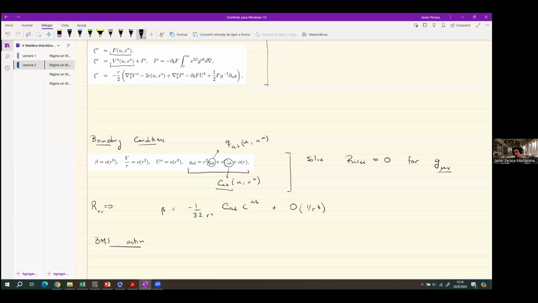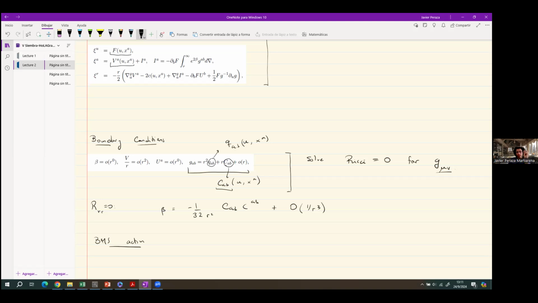Once we impose Ricci equals 0, we go component by component, and each component will give you some relations between the different coefficients of the functions. And we will have a solution space which will be consistent with Einstein equations and with our boundary conditions.